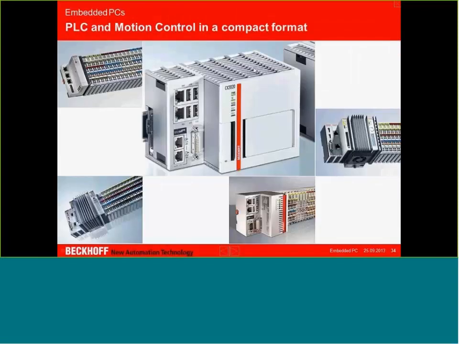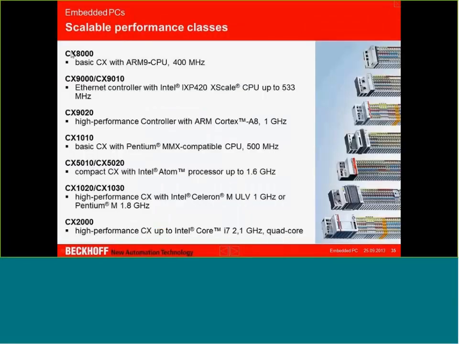And then this is a little bit of range of our different embedded systems. Starting out our lower end, if you will, our CX8000 is going to have a 400 megahertz processor, which in the automation world is actually still fairly fast. This does have a Windows CE operating system on it. And then as we jump up, we have a little bit faster CPU.